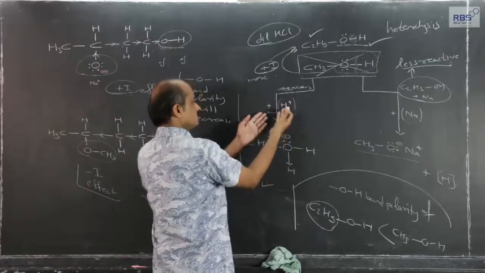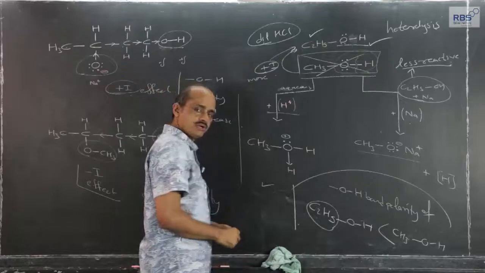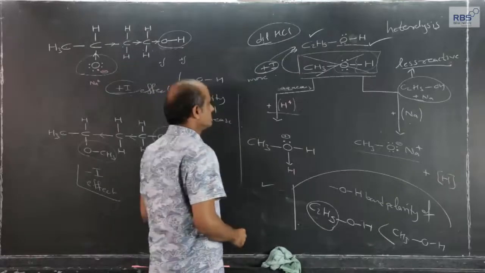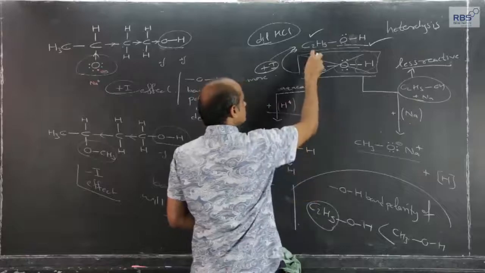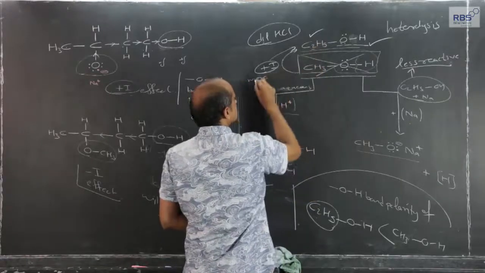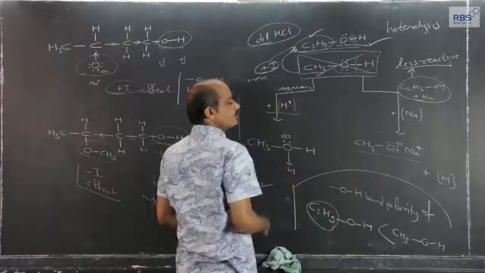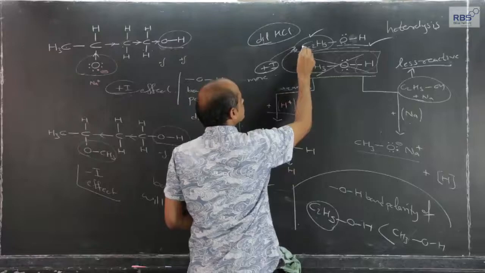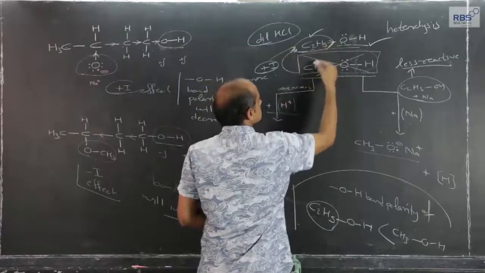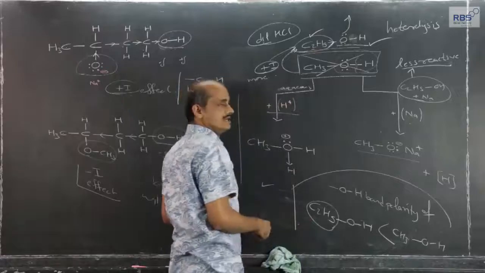But for ethyl alcohol with free H plus ion, the picture will be entirely different. In ethyl alcohol, the plus I effect of the ethyl group is more than that of the methyl group in methyl alcohol. As the plus I effect is more, the electron releasing tendency will increase.